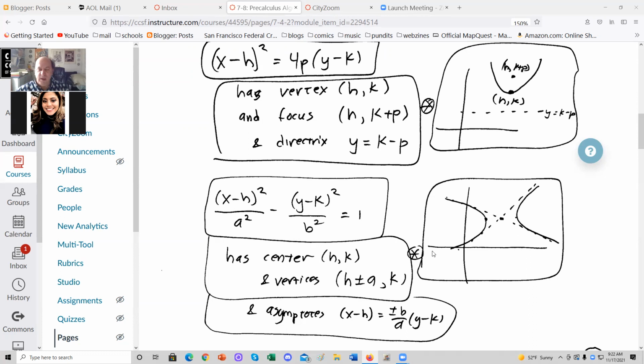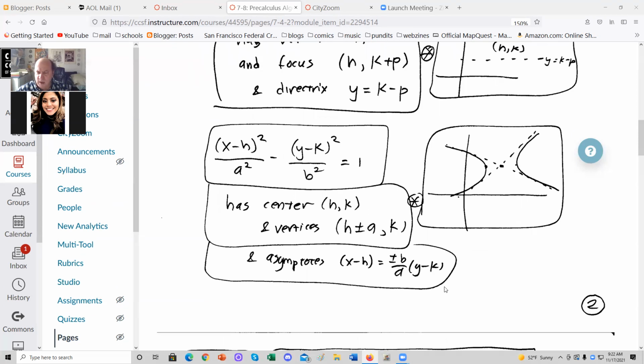And for the asymptotes, I really think that should be y minus k equals plus or minus b over a times x minus h. Sorry, I'll be changing this in the canvas as well.